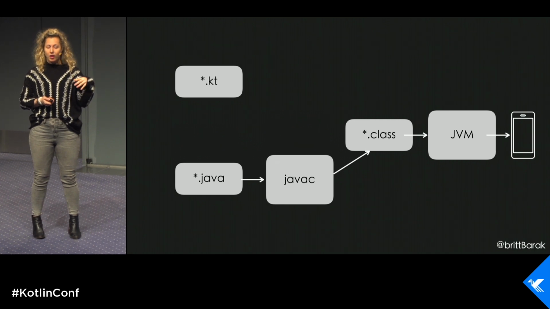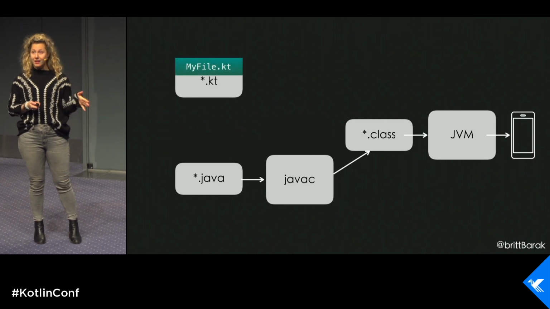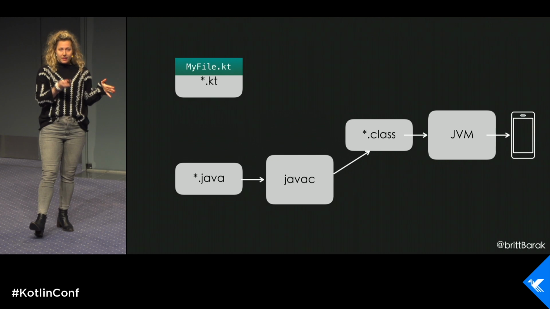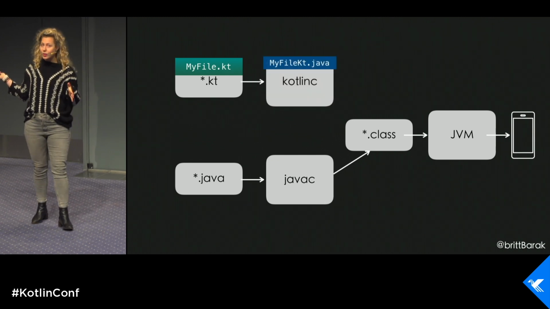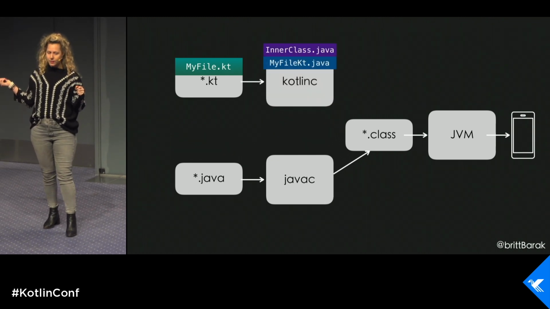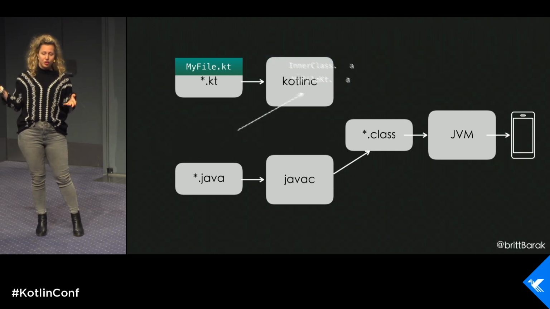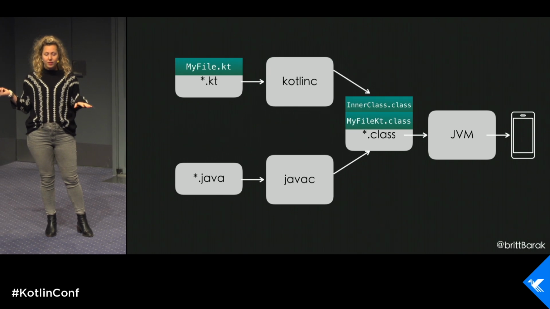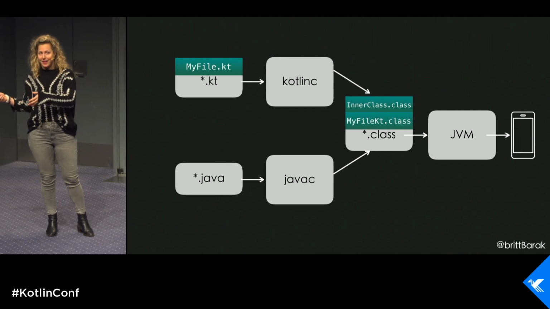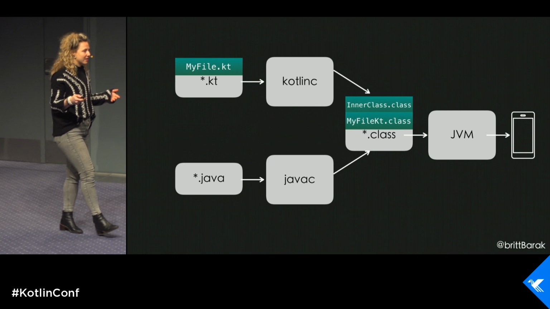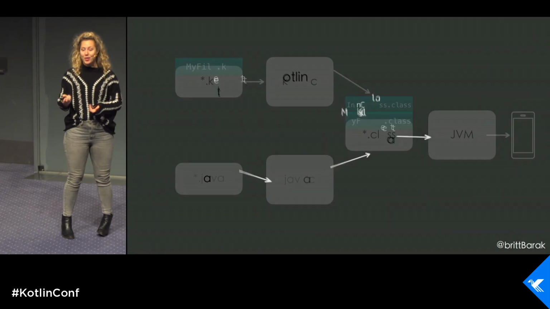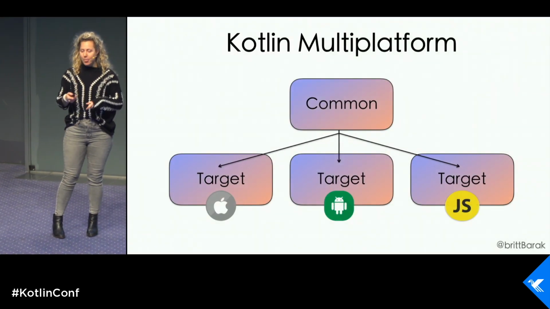Our Kotlin files go through the Kotlin compiler, which can also read Java files. The Kotlin compiler turns it into Java bytecode that the JVM can understand and run. And this is how it works for Android.